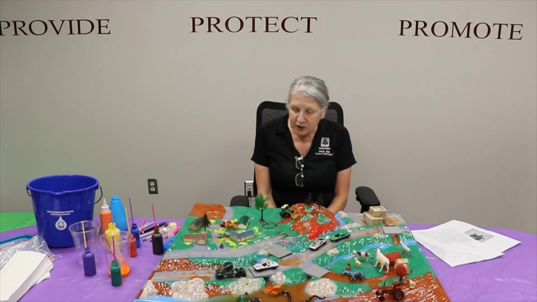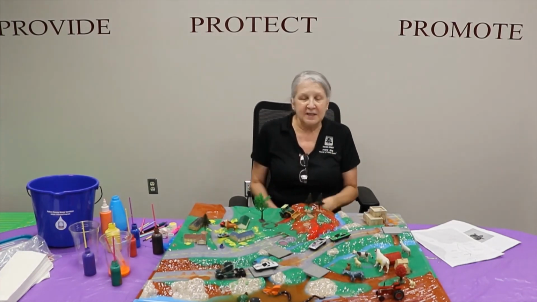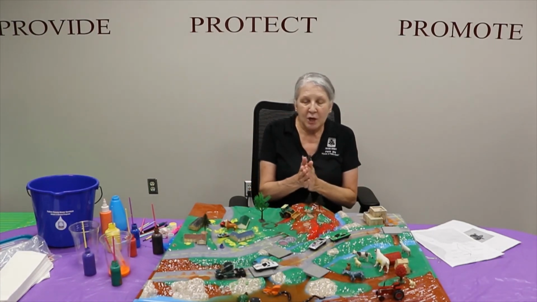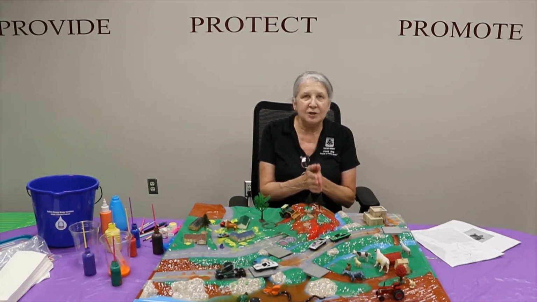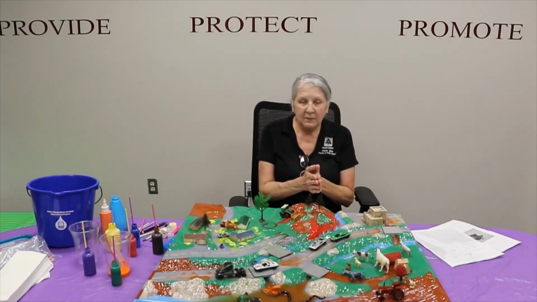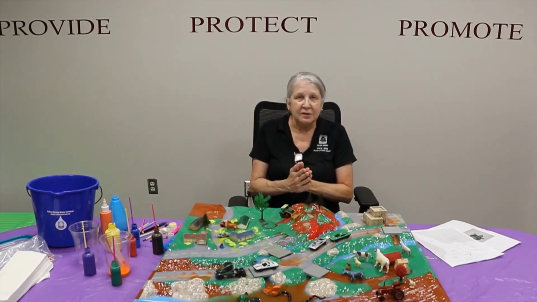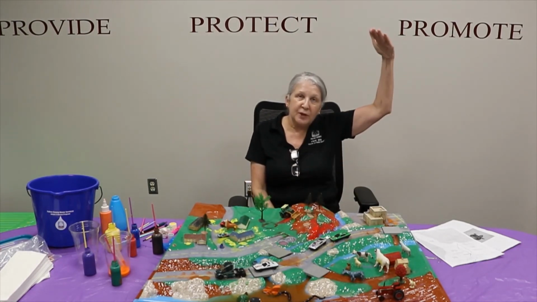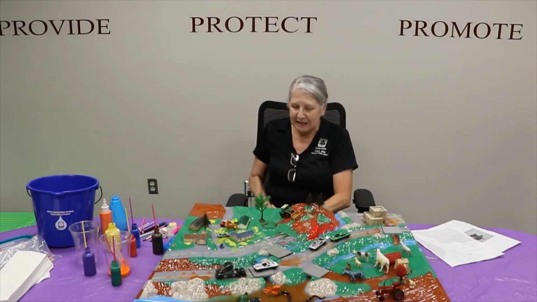So lastly, I wanted to remind you that the Chattahoochee River and the Flint come together and they run into the Apalachicola Bay, and then they empty out into the Gulf of Mexico. And then possibly that water often goes into the Atlantic Ocean. So anything you're doing upstream certainly is going to affect downstream and way over in the Atlantic Ocean.